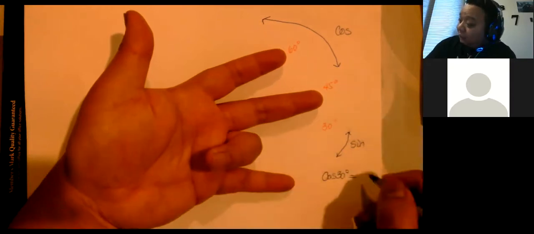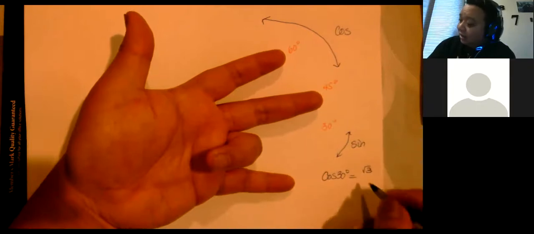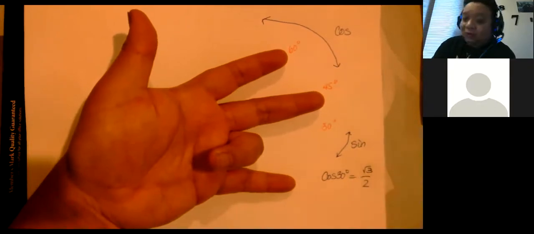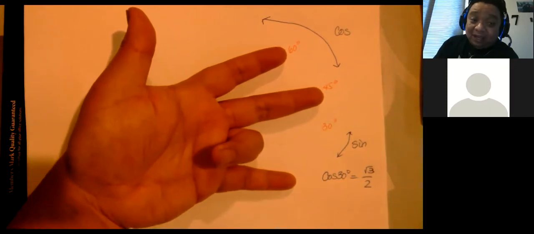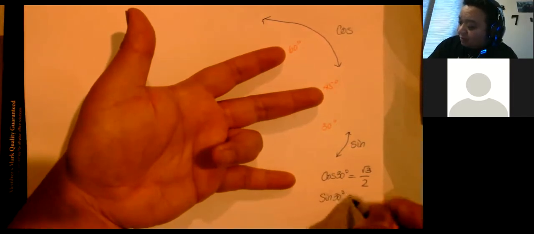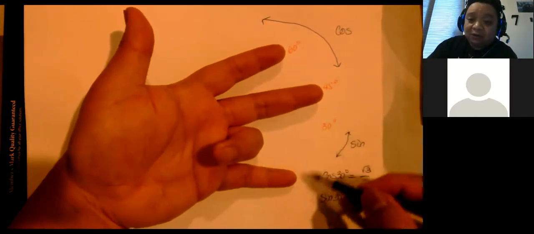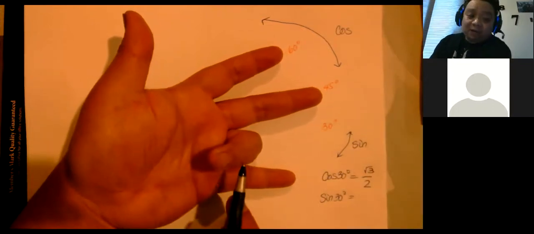So 3 would be the number inside the radical, because remember, everything's a radical, and then everything is over 2, and there is your cosine 30. It's radical 3 over 2. If you want sine 30, sine is below the folded finger. So how many fingers are below the folded one?